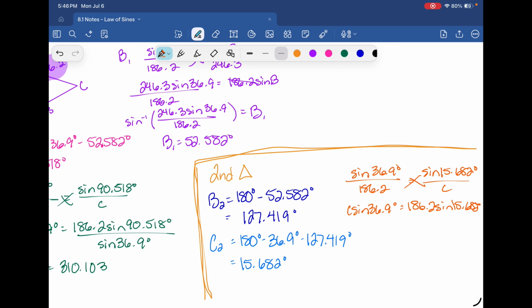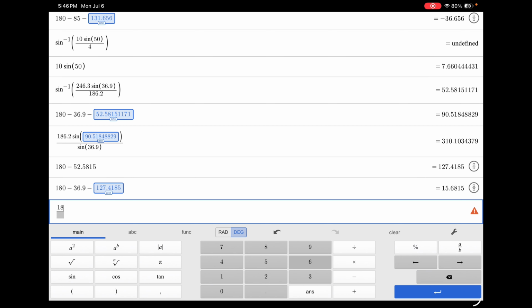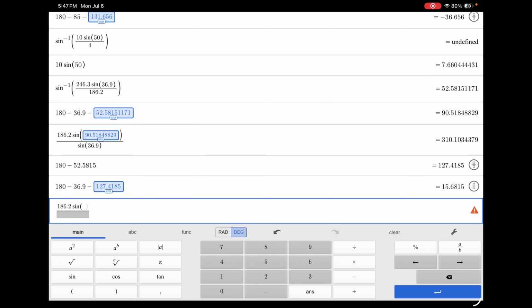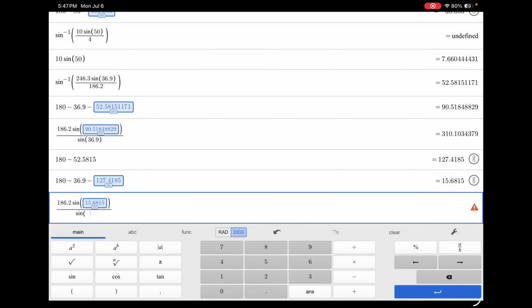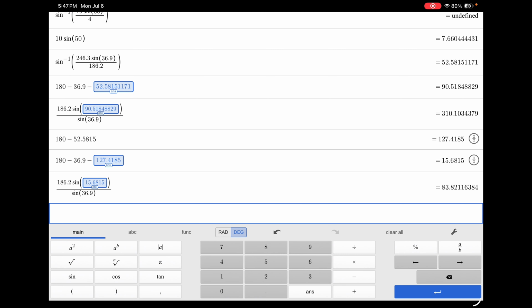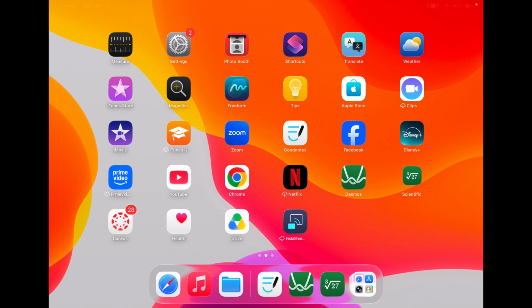I'm writing too small. All right, we'll divide by sine 36.9 degrees to get little c. Calculator. Sine of my previous answer over sine 36.9. So 83.821.